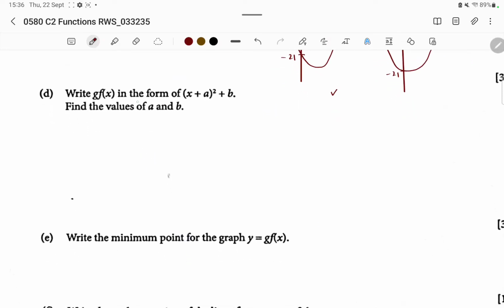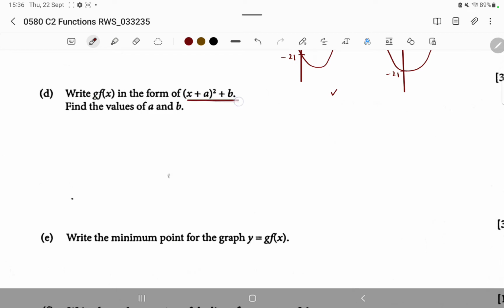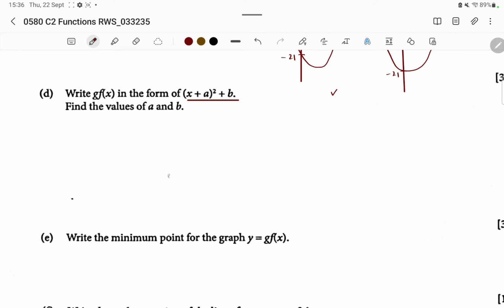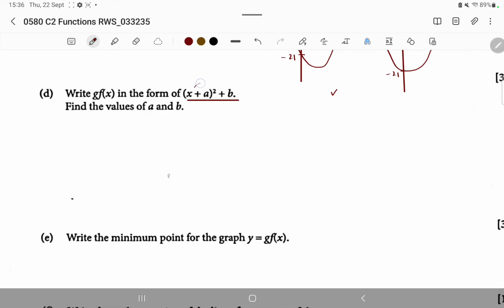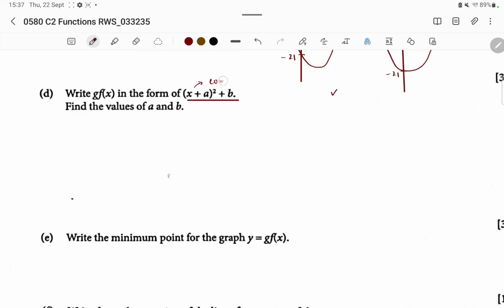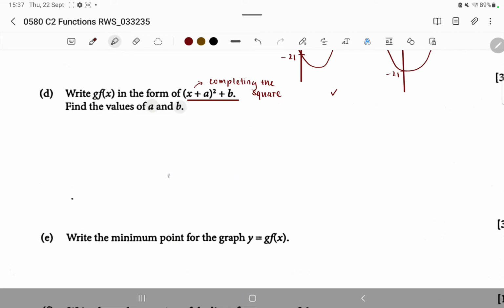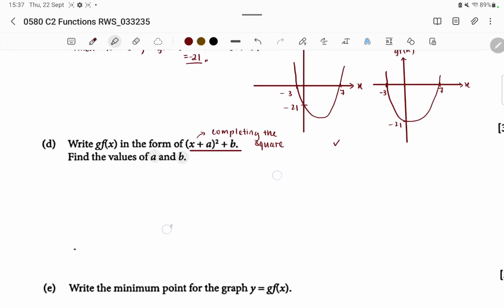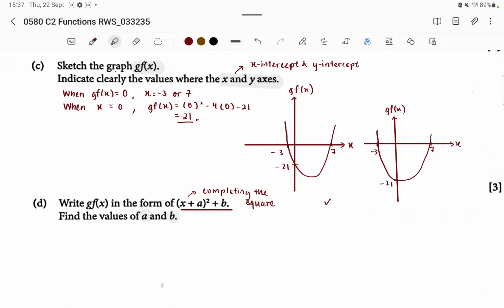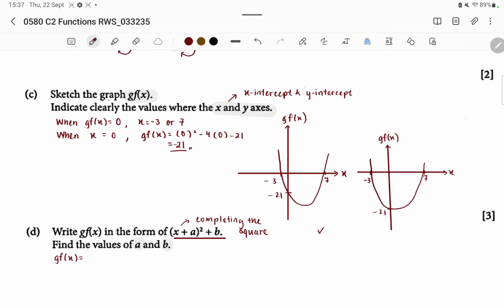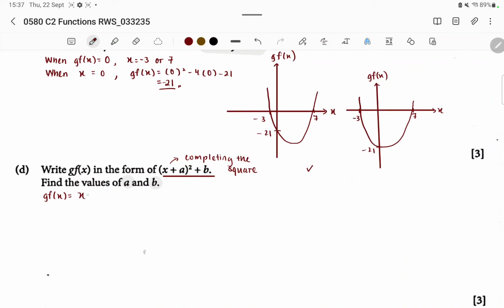Write gf(x) in the form of (x plus a) squared plus b. This one we have to do completing the square. Then after that you need to find the values of a and b. So we already know that g(x) equals x squared minus 4x minus 21.